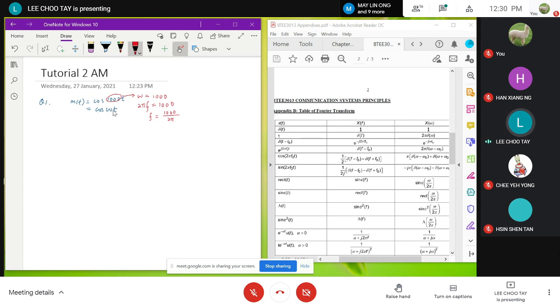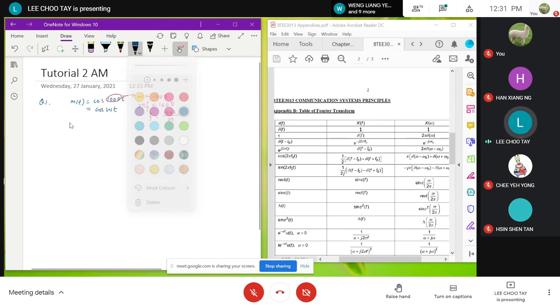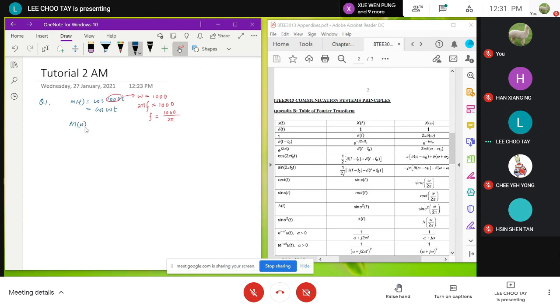So cos omega t, which is cos 1000t. What is my Fourier transform here? Normally we use a capital letter. The amplitude of my cosine signal is 1, so the amplitude of the Fourier transform in omega will be pi.